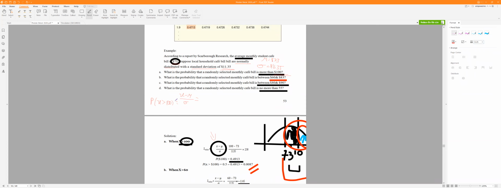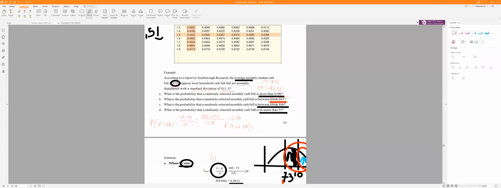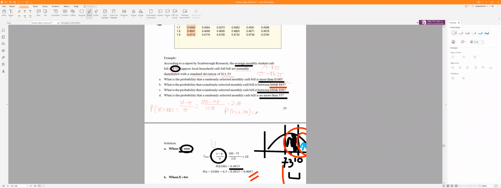So if X is larger than 100, then the X value you should use is 100. Minus the mean, $73, and the standard deviation is 11.35. So the Z value is 2.38. So you have to find the probability that Z is more than 2.38.